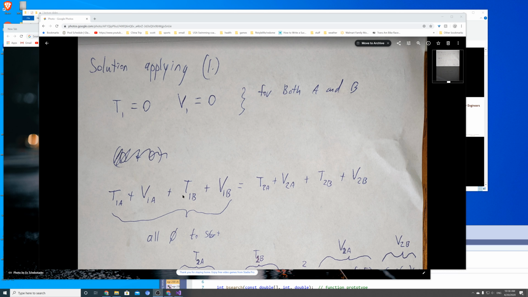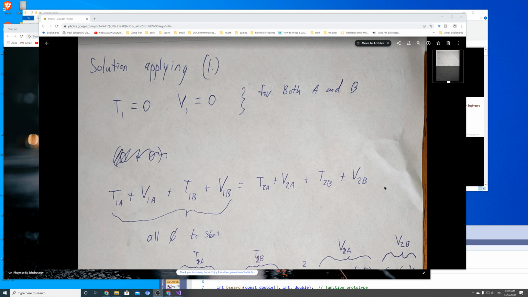At rest, this is where we're starting from, and this is at position 2, which is block B being down 1.5 meters. So these are all 0, if the datum point is those blocks at rest, then you can define them all as 0.